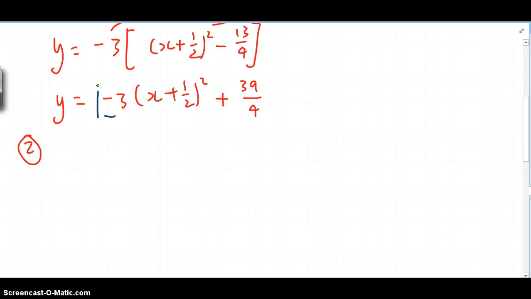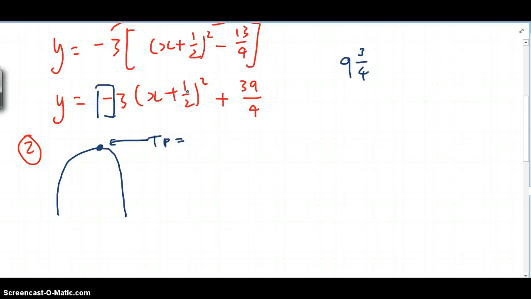So therefore the graph will be a negative graph, and our turning point will be, I'm just going to simplify this, 39 on 4, so 39 goes into 4, 9 times and 3/4. So 9 and 3/4.